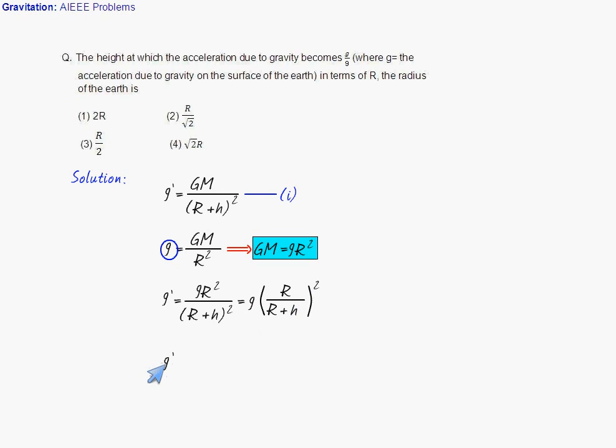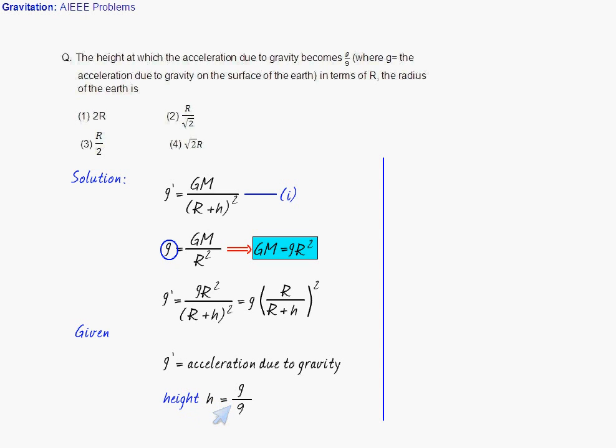But g dash is given. g dash means the acceleration due to gravity at height h is given as g by 9.